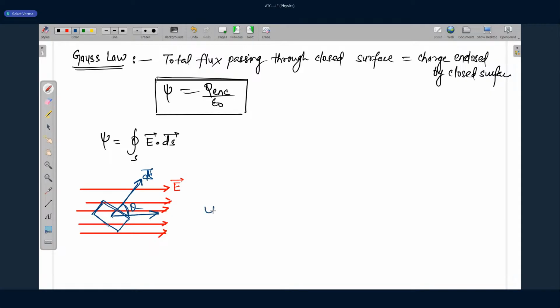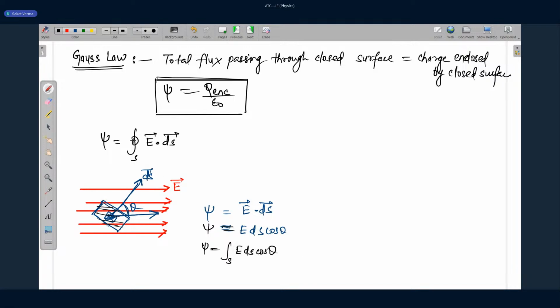Then the flux is nothing but E dot ds, which you can write as E ds cos theta. ds is this small surface. Now to calculate the flux through the whole surface, you have to integrate it: integration over the surface, E ds cos theta.